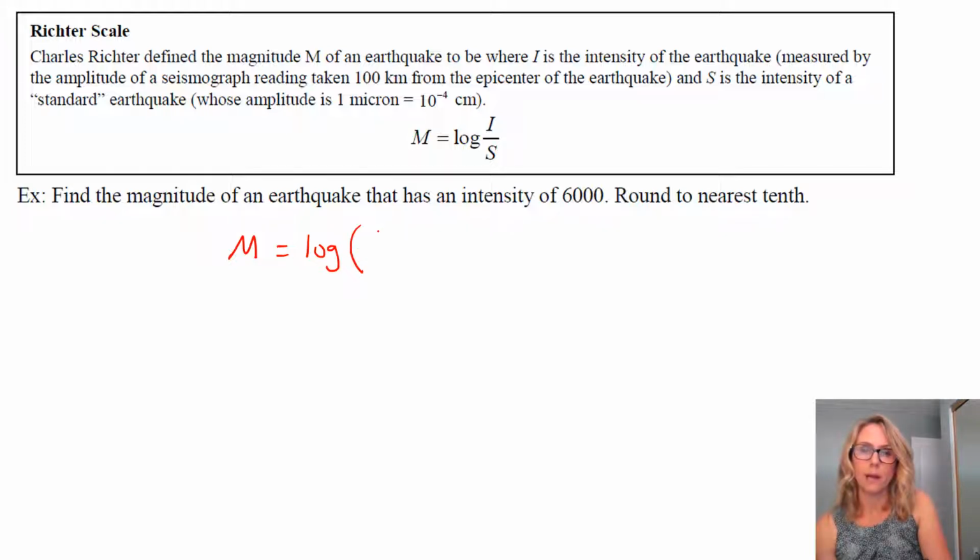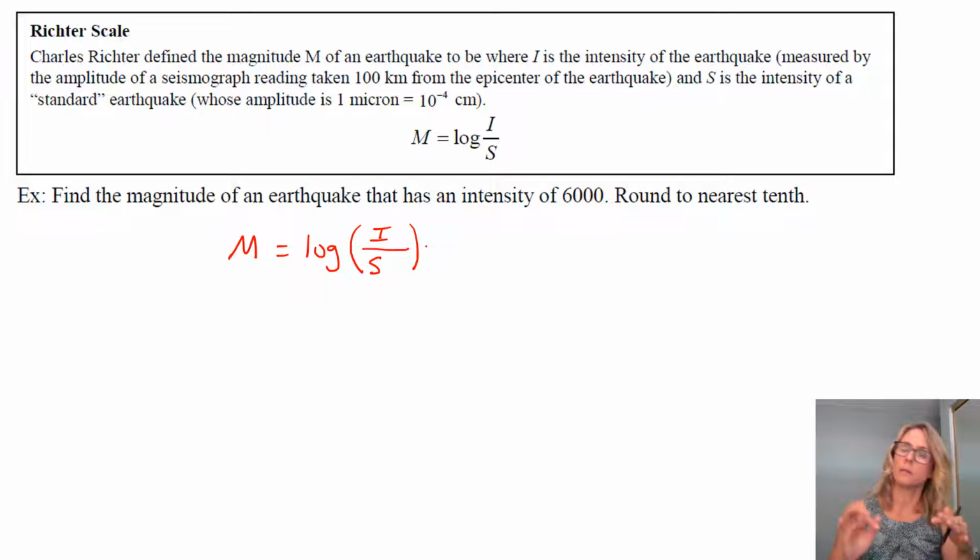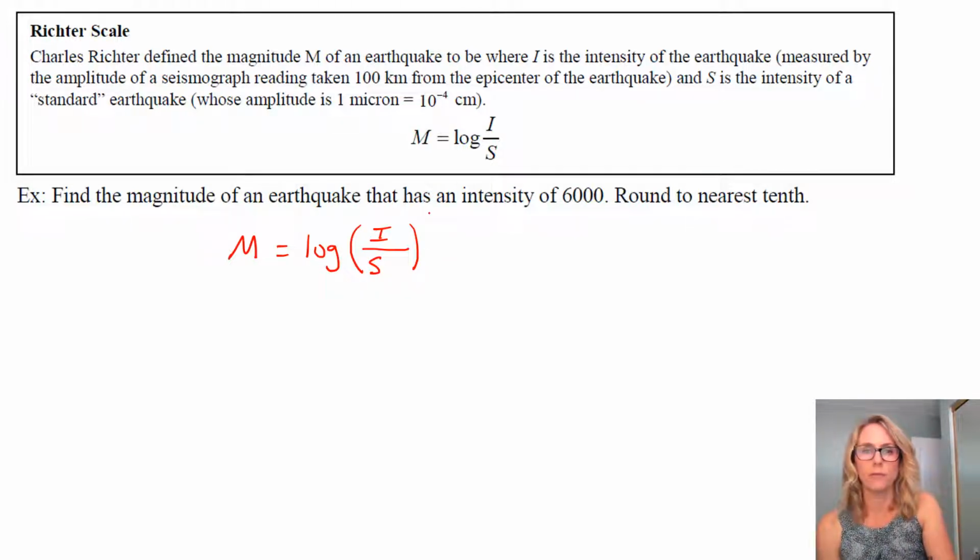Inside the log is I, which is the intensity, measured by a seismograph, say 100 kilometers from the epicenter of the earthquake. And that is divided by S, which is the intensity of a standard earthquake.